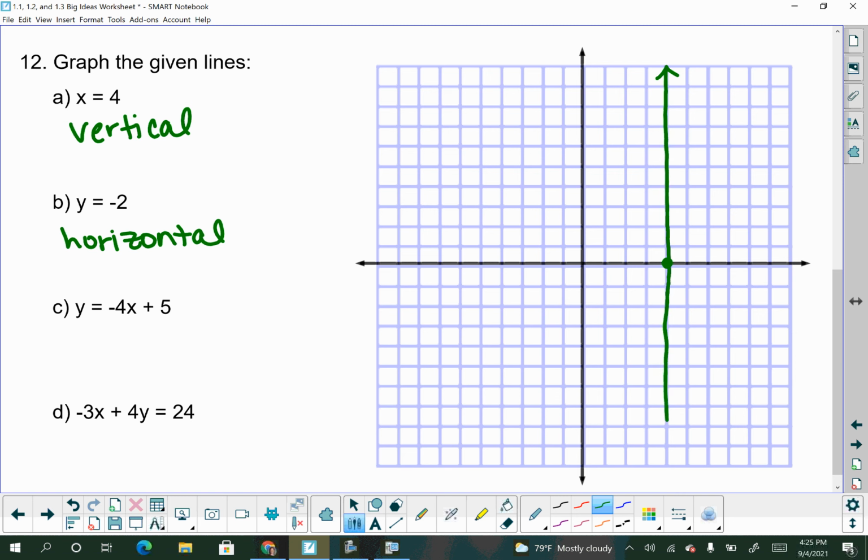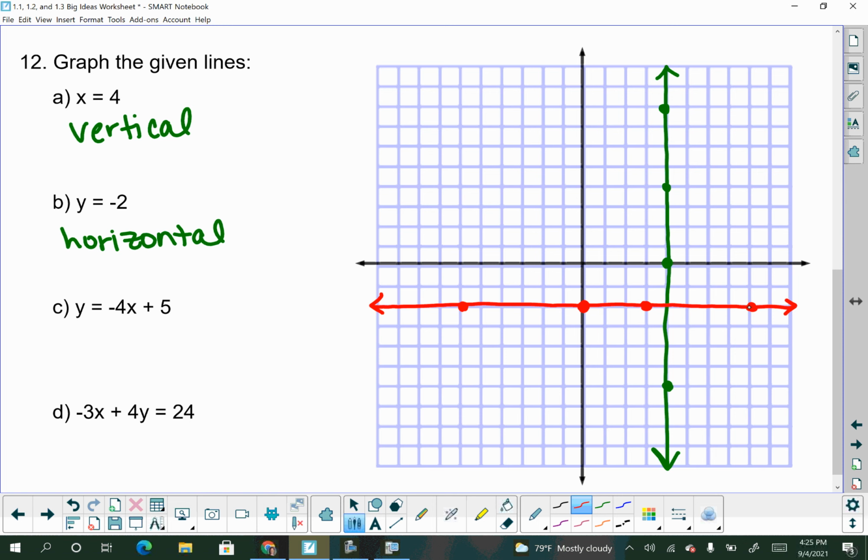It has that equation because every point on this line, no matter where I pick one, has an x coordinate of 4. Y is -2. We make a point at -2 on our y-axis, and we draw a line left and right. Again, it has that equation because every point on this line has the same y-coordinate of -2.